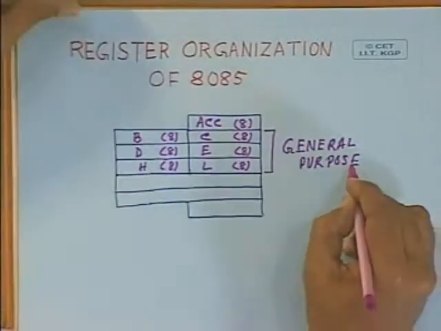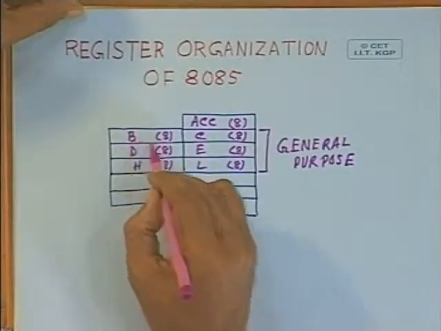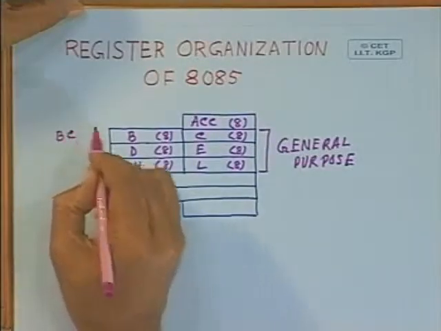Now, as I told, general purpose registers are used to hold data as well as address as and when they are required for different purposes. Now, whenever you are holding or storing data which is 8-bit in case of 8085, you can access them individually, B or C or D or E or H or L. But whenever you have to store address which is 16-bit, how do you store? You will require 16-bit register. Then these registers are accessed as BC register pair.